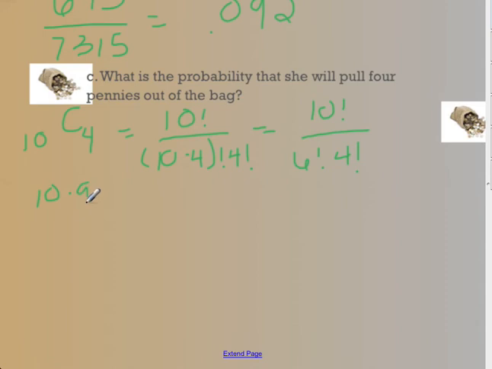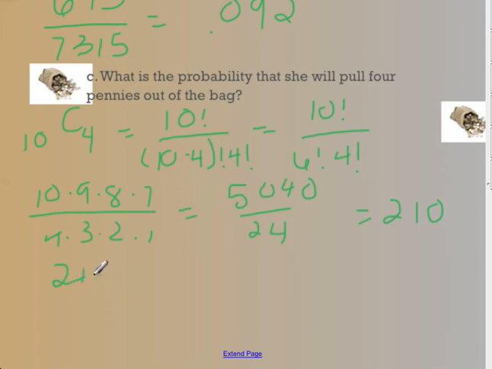So you have 10 times 9 times 8 times 7 divided by 4 times 3 times 2 times 1. Well, 10 times 9 times 8 times 7 is going to be 5,040 divided by 24, which gives you 210. So there's 210 different ways that you can choose 4 pennies out of the bag.